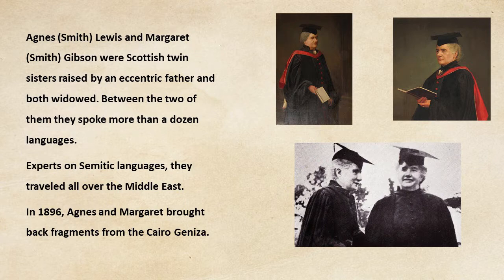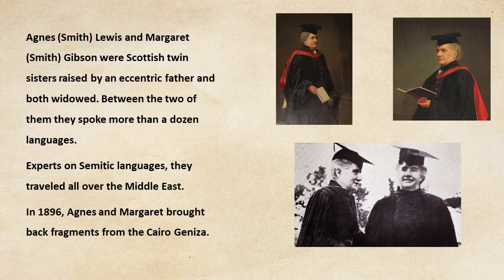And they both were married, and their husbands died when they were still young. Interesting. Both widows, and they had the time of their life as widows because they traveled and they were adventurous. They spoke more than a dozen languages between the two of them, and they were experts also on Semitic languages. They traveled all over the Middle East.